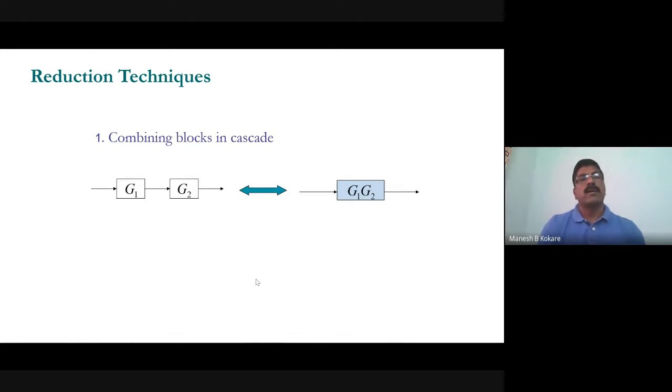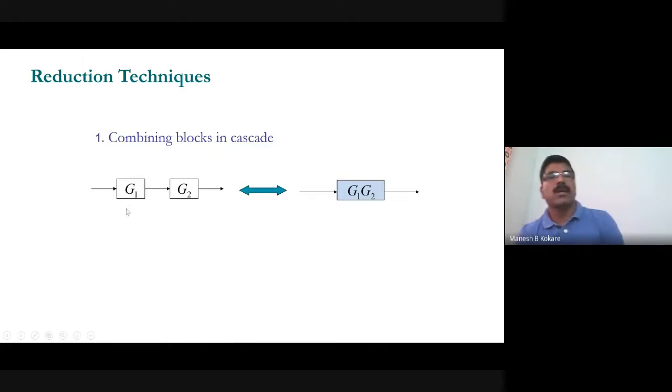The first rule is that when two or more blocks are connected in cascade, like for example this is one block and this is another block connected in cascade, which is also called series, then overall these blocks can be reduced into a single block having a transfer function equal to the product of the individual transfer functions.